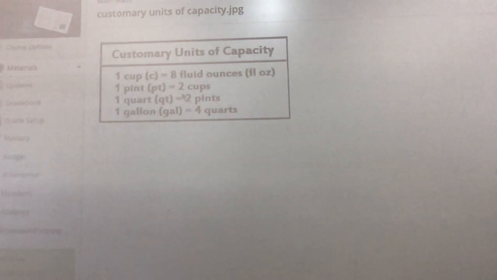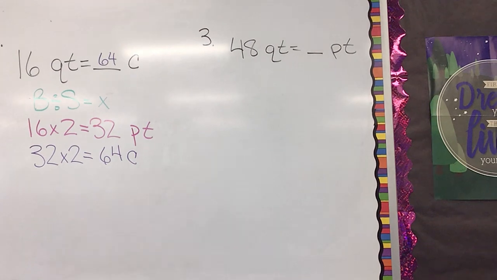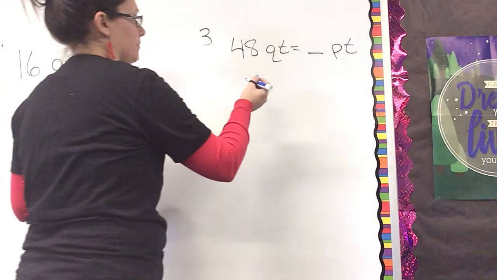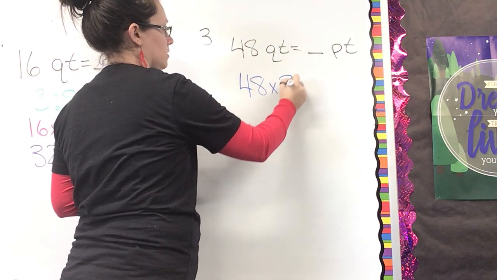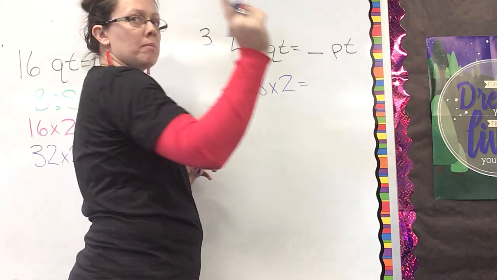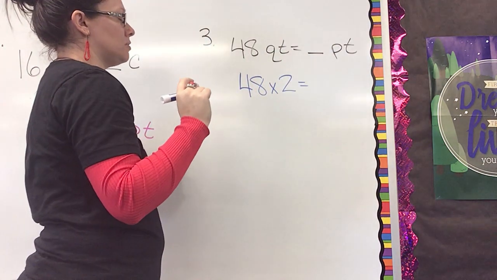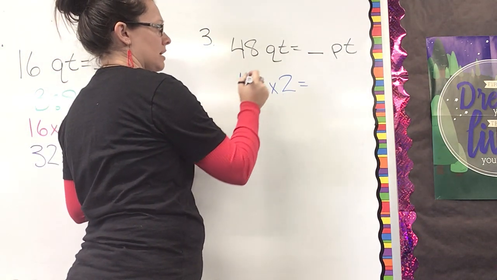All right, let's go ahead and check here what we had. Who would like to share? What is my equation? Charlie. 48 times 2. Why times 2? Because there's 2 pints to a quart. Very nice. And we're going what? Big to small or small to big?